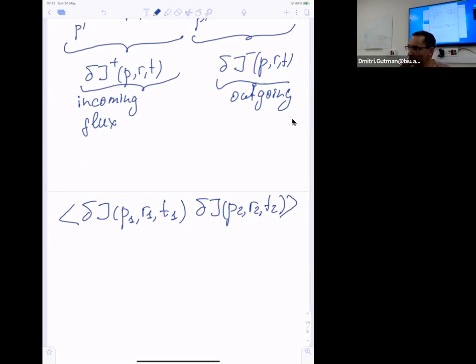I'll show you later if it's not obvious right now, but it might be obvious that if we know this correlation function, we would know the correlation functions. From this, we will be able to figure out the fluctuation function of delta F, because the equation is linear.